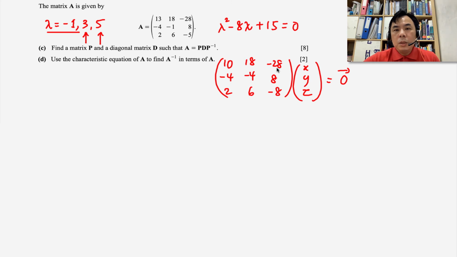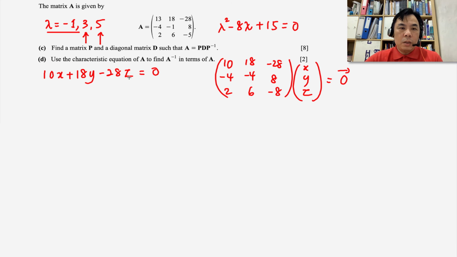Okay, so from here, I'm going to show you how to use the algebra method to obtain the eigenvector. All right, so we can write this matrix form back into algebraic form, which is this. z is equal to 0.